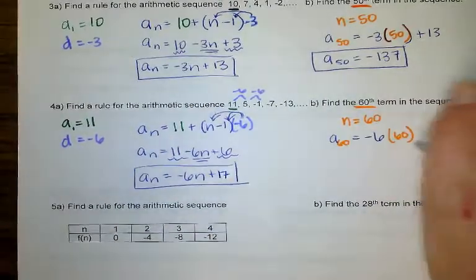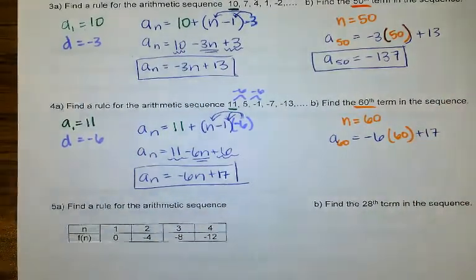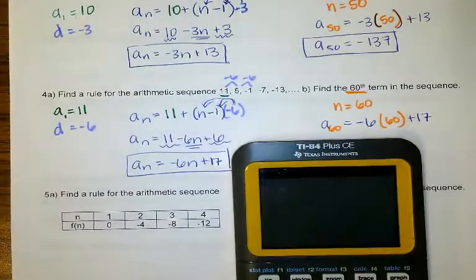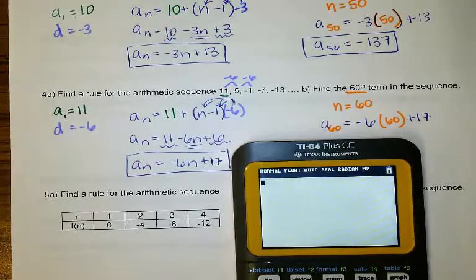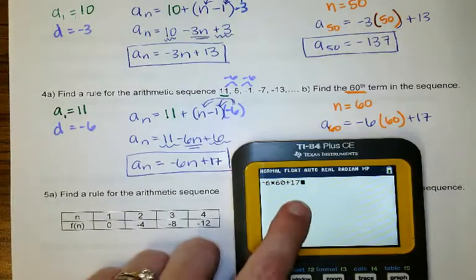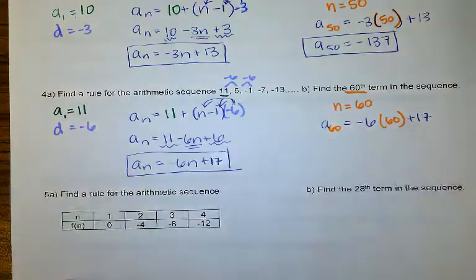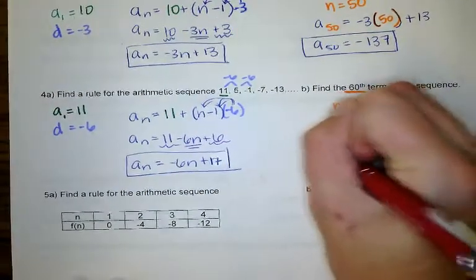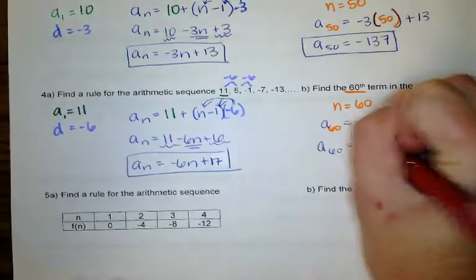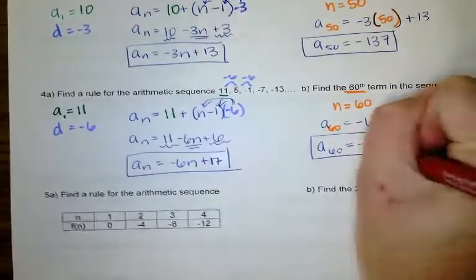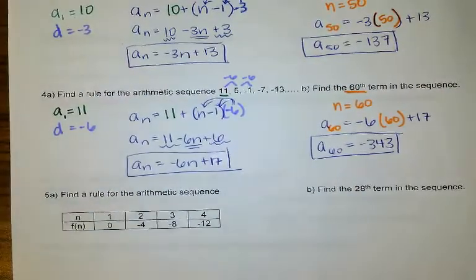Negative 360 plus 17 is negative 343. So a sub 60 is equal to negative 343. I would not have wanted to subtract 6 sixty times. I definitely would have gotten a little messed up there. Do y'all feel good about that? Ish?